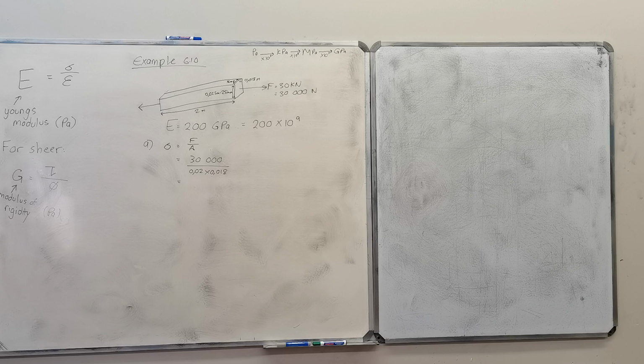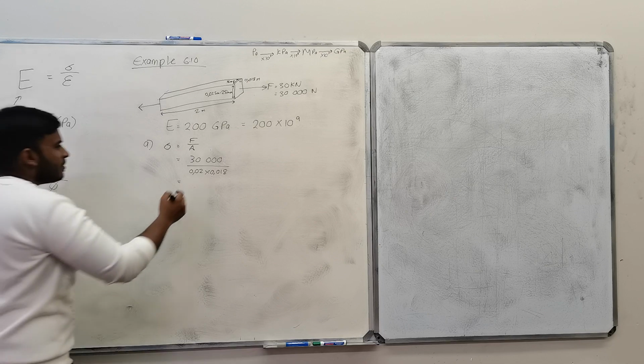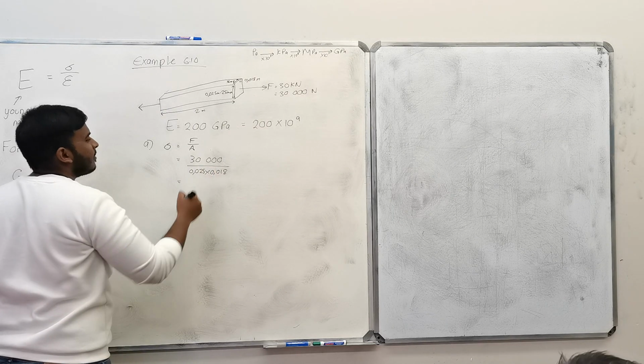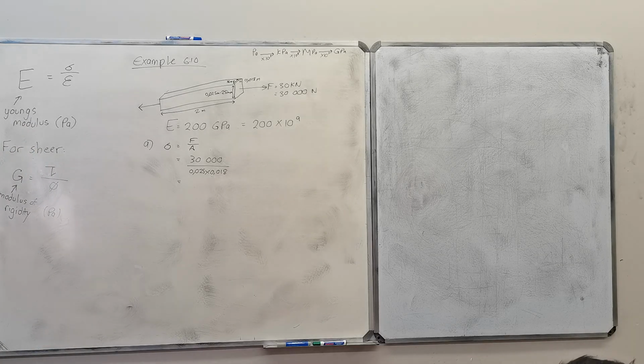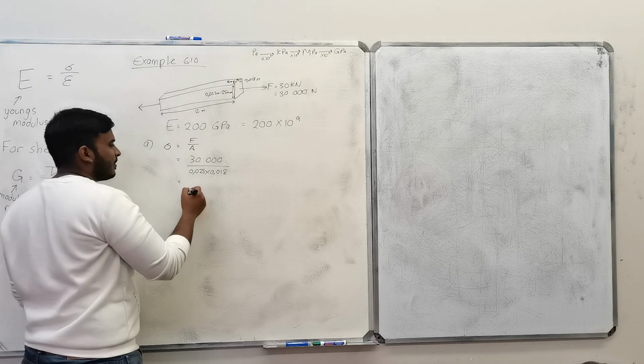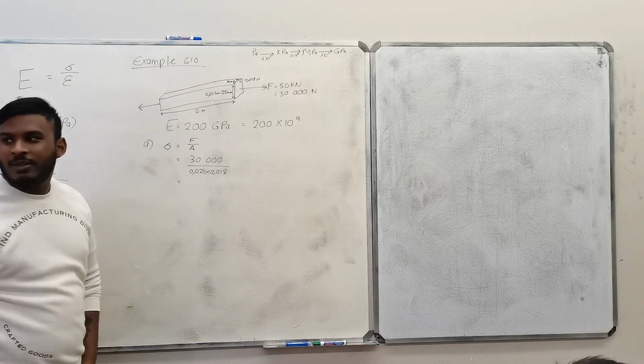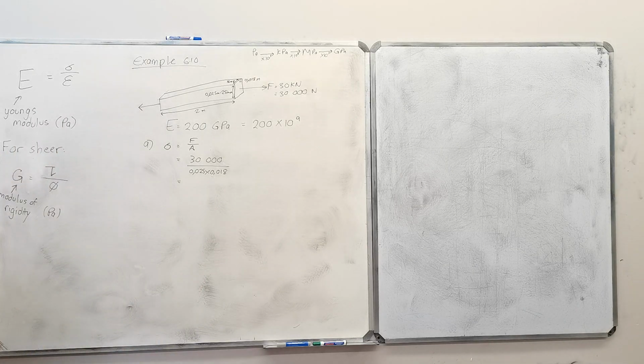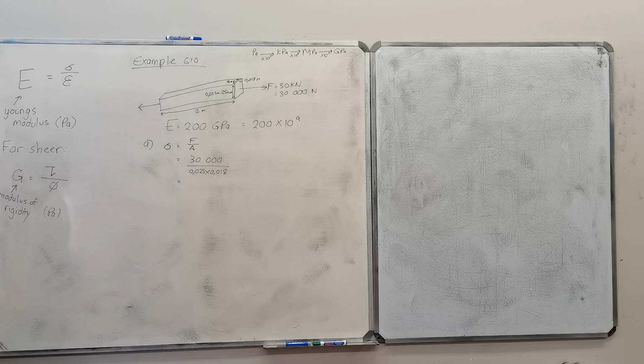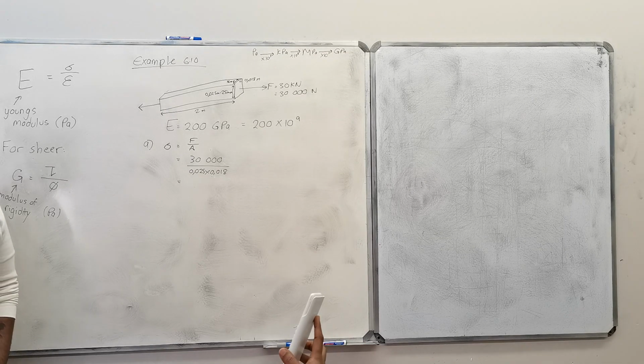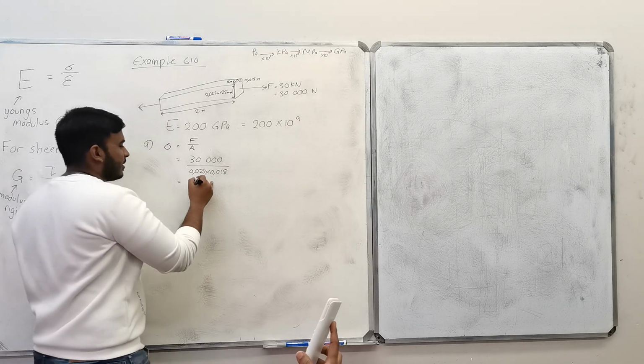Eight and a lot of threes. No, it's not the right answer, because we are putting 0.025, not 0.02.